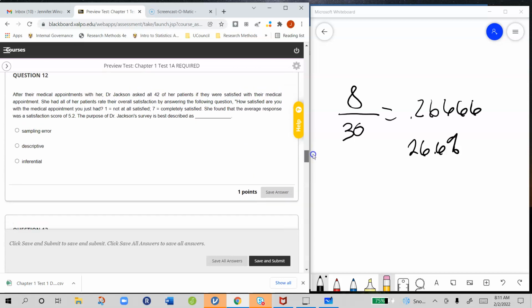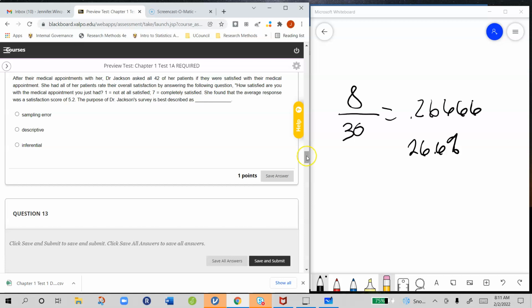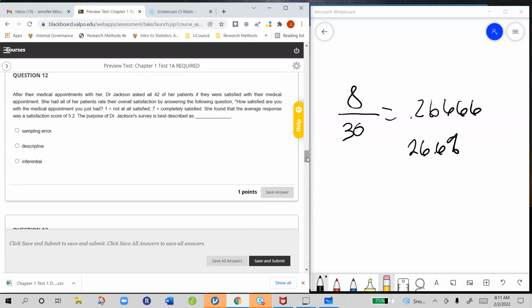All right, next we have number 12. Dr. Jackson has asked all 42 of her patients if they're satisfied with their medical appointment. They rated on a 7-point scale, and she finds that the average response was 42. In this case, we're asking you the purpose of this survey, right? And the purpose of the survey is never sampling error. It's either a descriptive or inferential purpose.